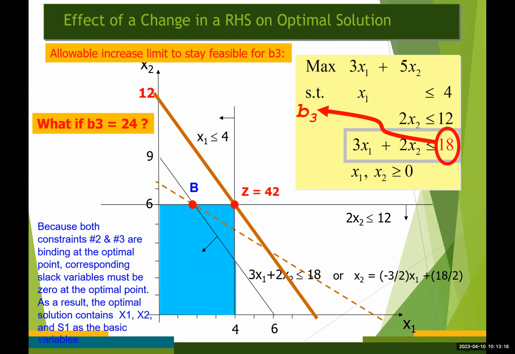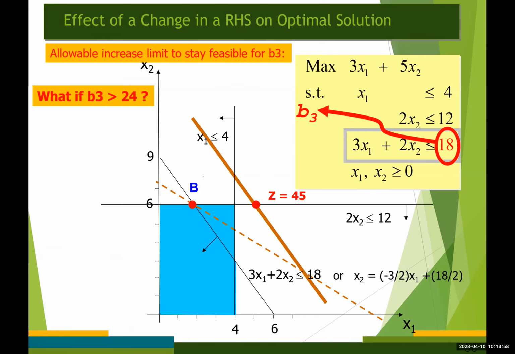If B3 is increased to 24, the plan number 2 and plan number 3 constraints are still binding. Right? These two constraints are still binding in the feasible region. And we know that this is the largest value that B3 could take. If B3 becomes larger than 24, then the plan number 2 and plan number 3 constraints will be binding in the infeasible region. See here?